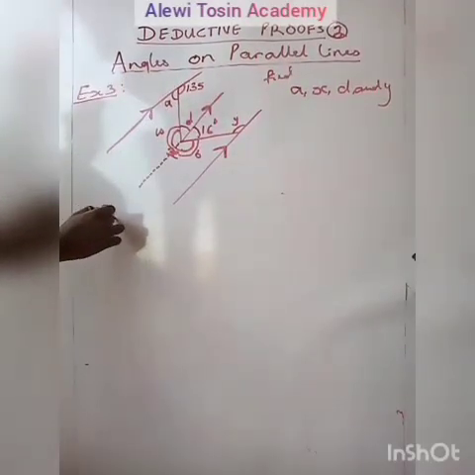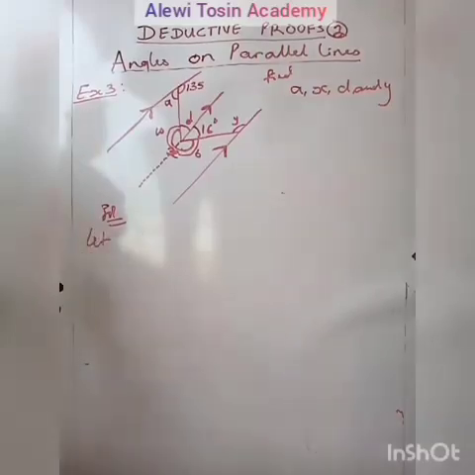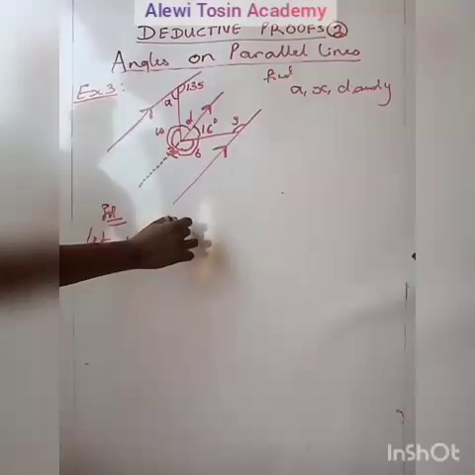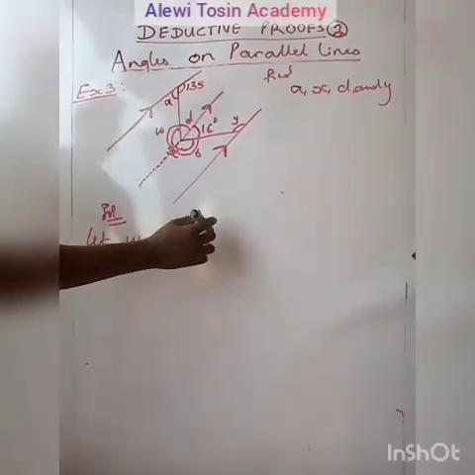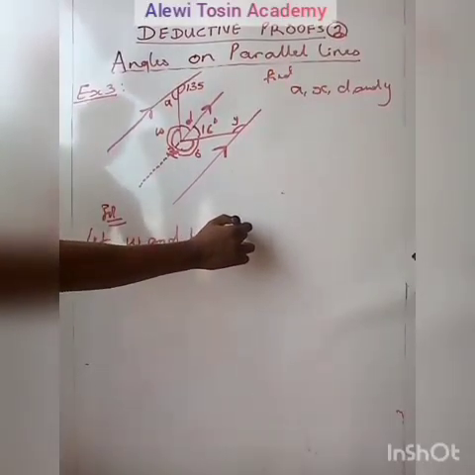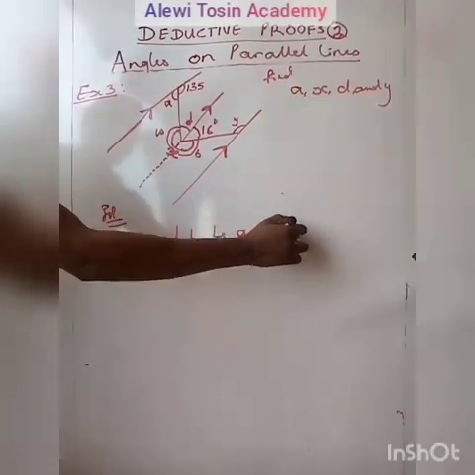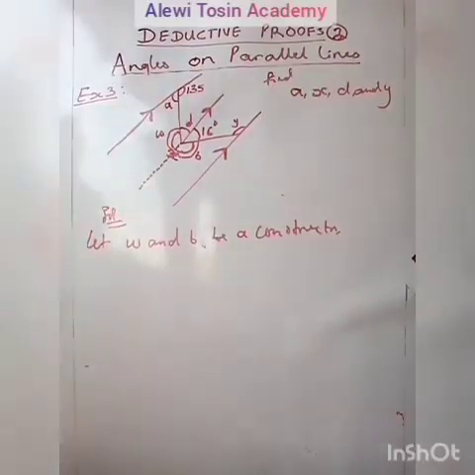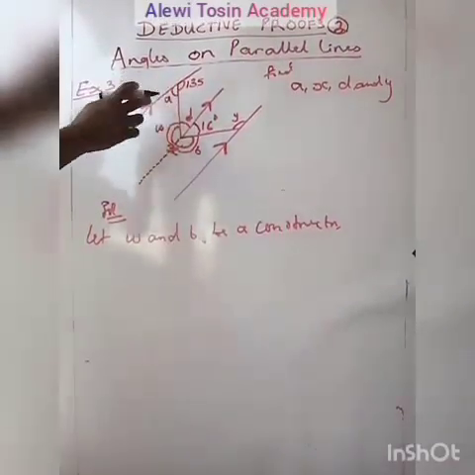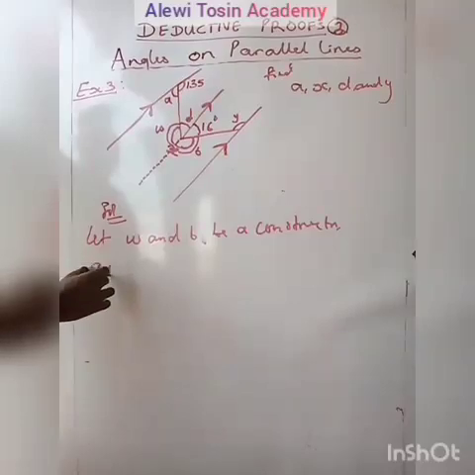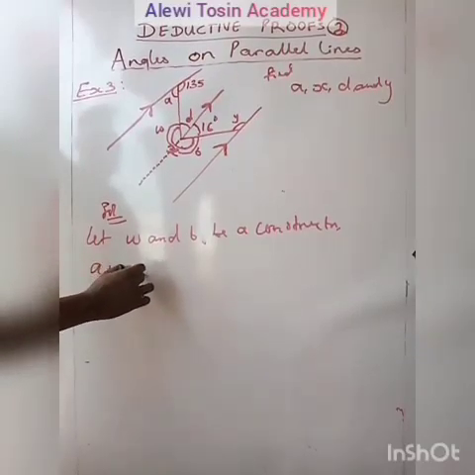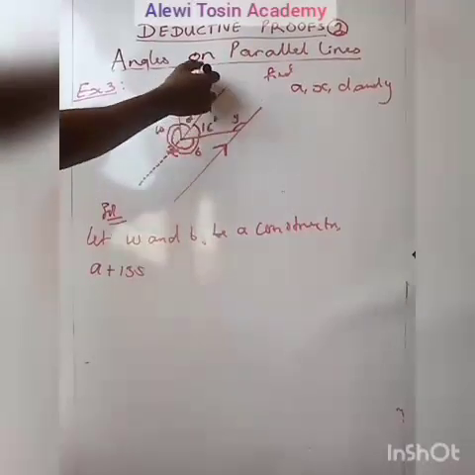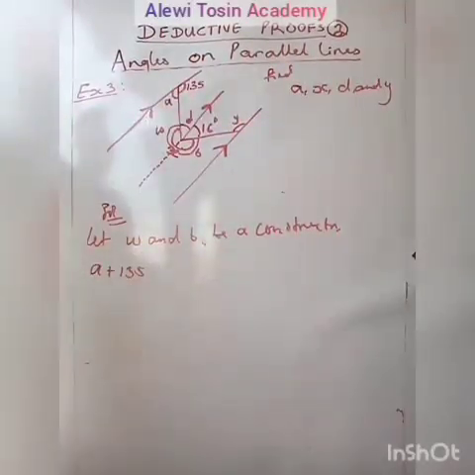So we say let W and B be the construction. Now, firstly, to know our A, we will say that A plus 135, this angle plus this angle, they are on a straight line. So they are adjacent angles on a straight line.